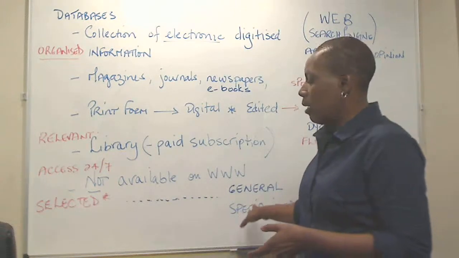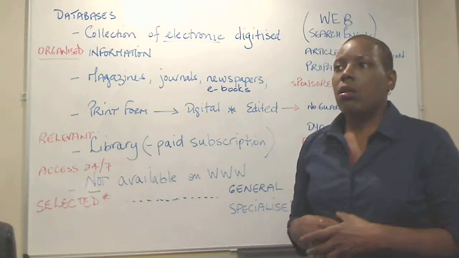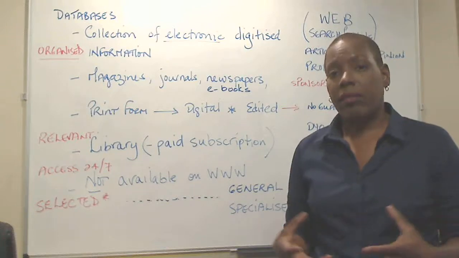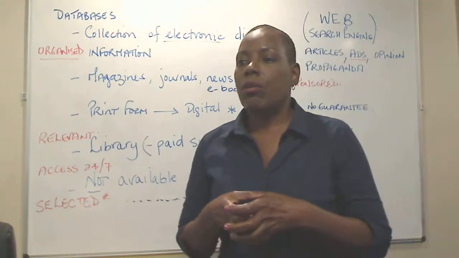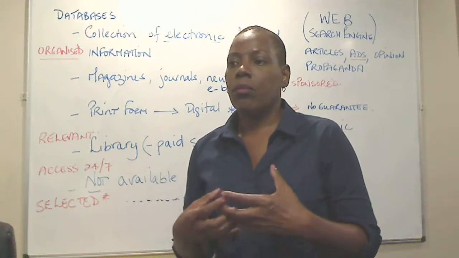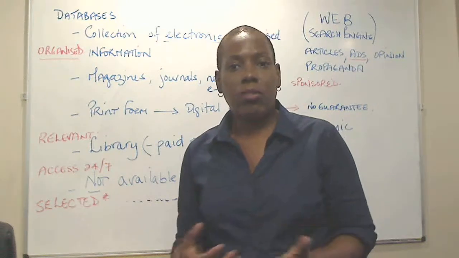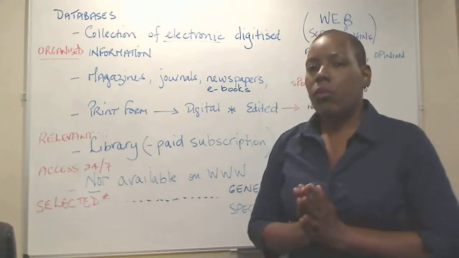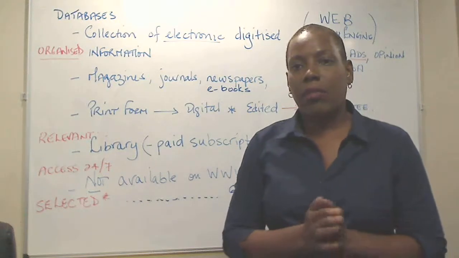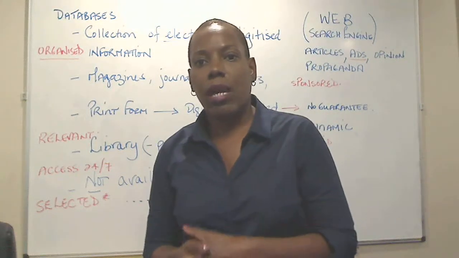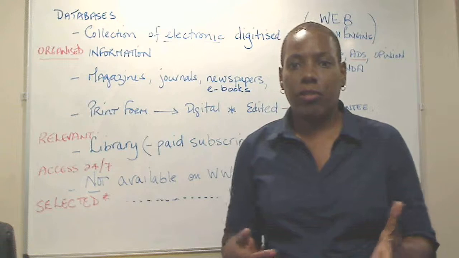And the specialized databases is really an organized collection of specific subject or discipline material, research material, books, again, in any of these formats. It's specific to that particular subject area. For example, business, health, literature, criminal justice.